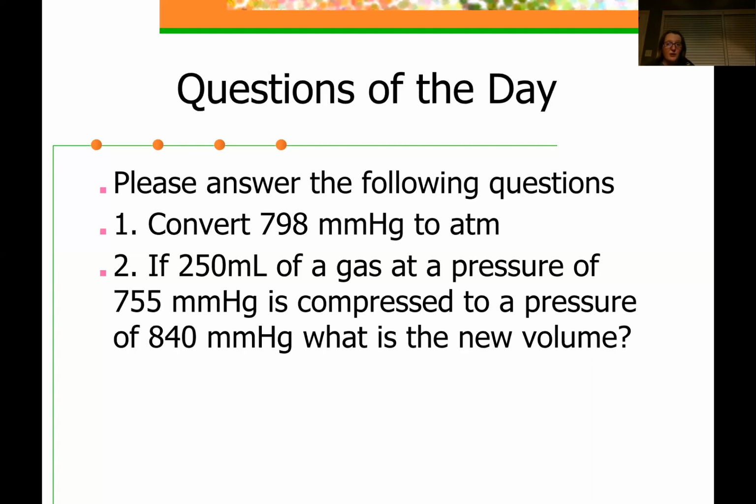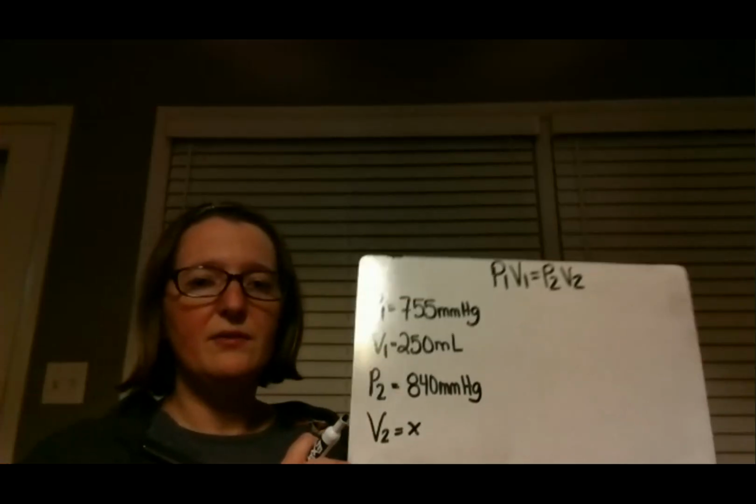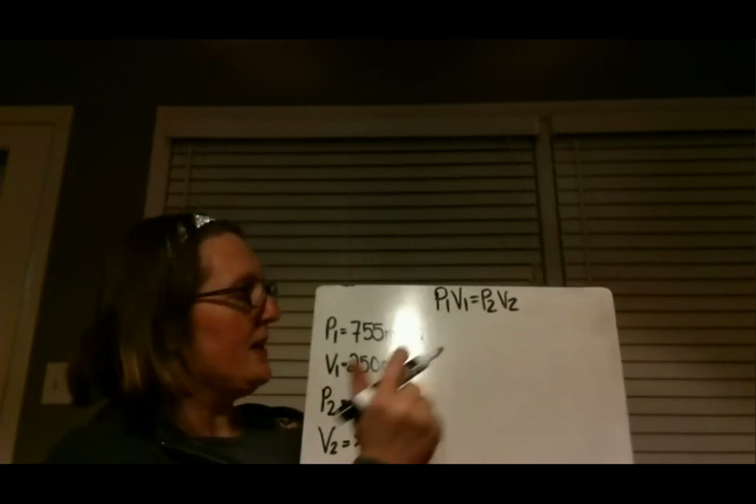We know two pressures. We're going from 755 to 840, so pressure is going up. So what does that mean for volume? It must go down. So let's find out if volume goes down. All right, so here are our variables here, so we're going to plug in.